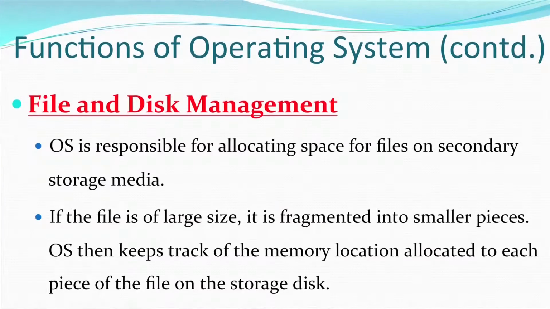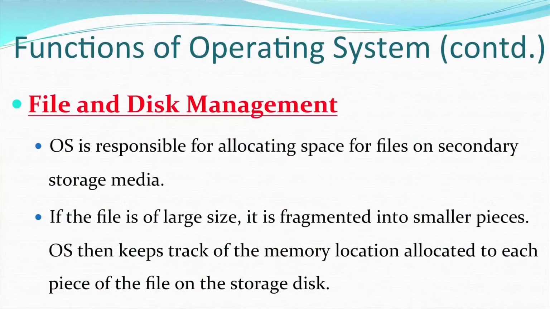Next, file and disk management. Any information that you want to store on the computer is stored in the form of files. So, any file has to be allocated memory on the computer. So, the operating system is responsible for allocating space for files on secondary storage media. I want to store my file on a CD, on a hard disk, or on any other storage media.